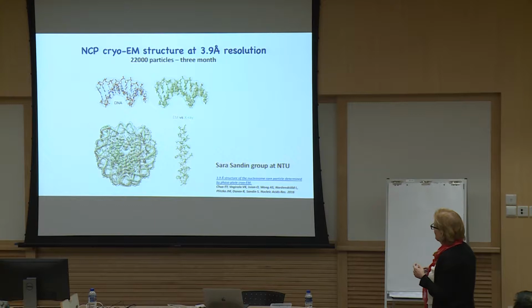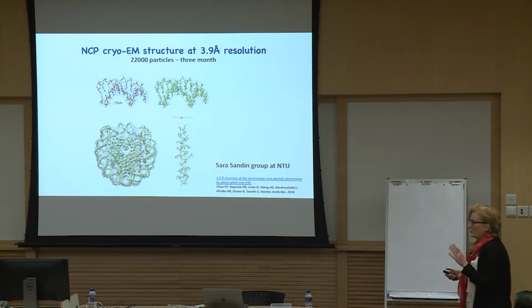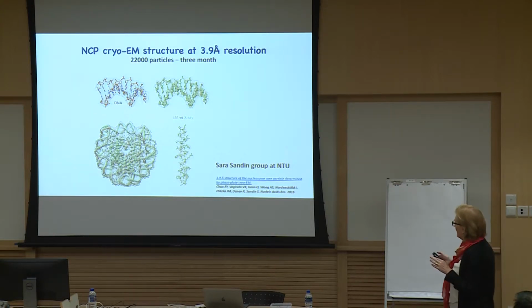Then we reconstruct the structure, which basically means we can get atomic resolution. I told you it took 21 years, from '76 to '97, by crystallography. This was done in 3 months, using only 22,000 particles.